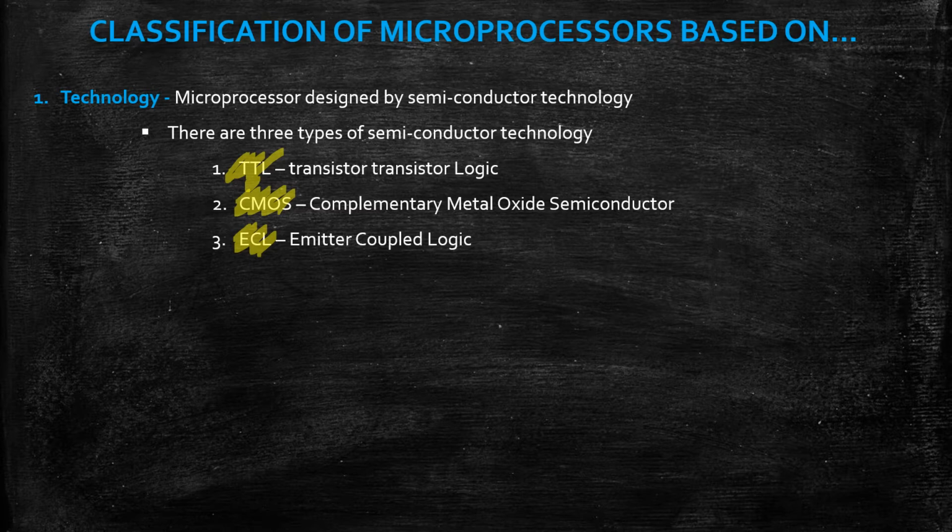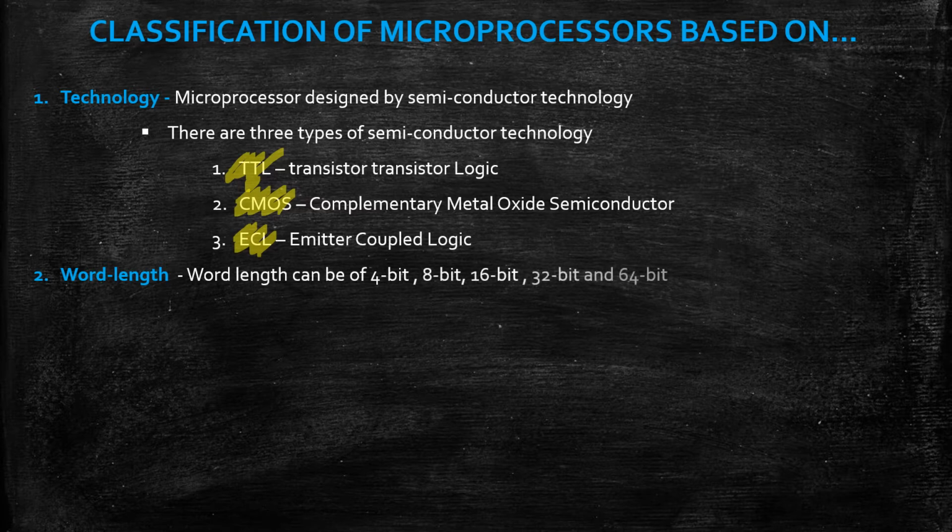After technology, we have word length. The second category is word length. Based on the word length you can categorize microprocessors. You must have heard that this is a 16-bit processor, this is a 32-bit processor, I have a 64-bit processor. That is the word length.